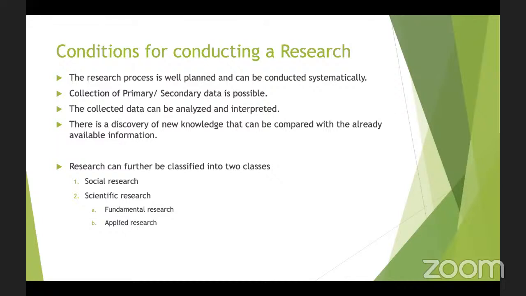The second condition is that collection of primary or secondary data is possible. So it should not be something where you cannot get the primary data or you cannot get the secondary data. So basically, primary or secondary data collection should be possible.